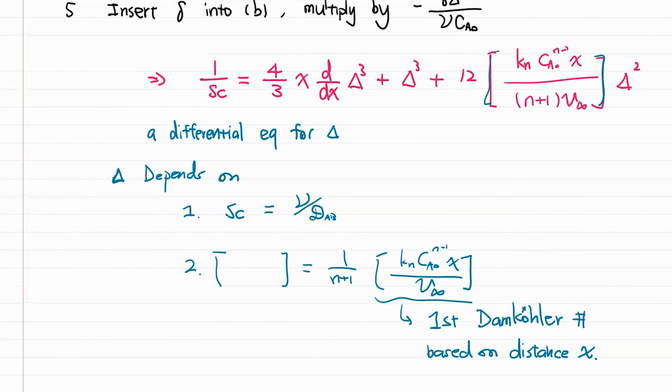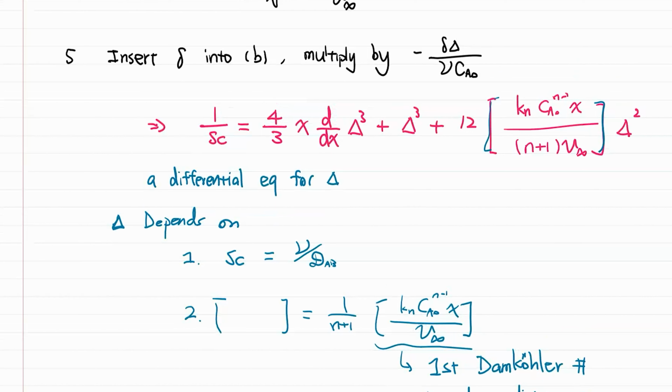Okay, so the key result is already presented for you. The key result is that there's a relation between capital delta, which describes the ratio between the diffusional boundary layer over the velocity boundary layer, right?